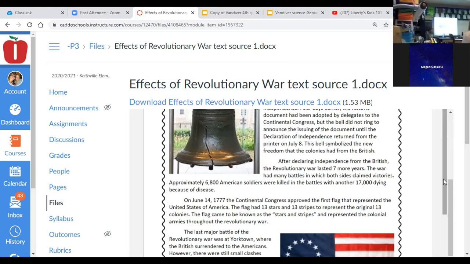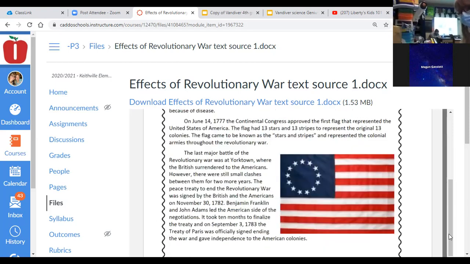The flag has 13 stripes to represent the 13 original colonies. The flag came to be known as the Stars and Stripes, and represented the colonial armies throughout the Revolutionary War. Good job.